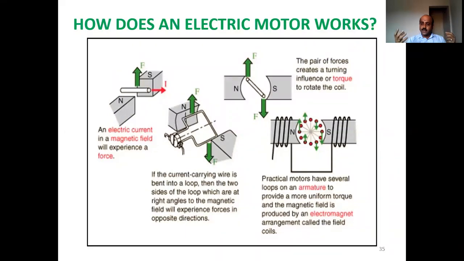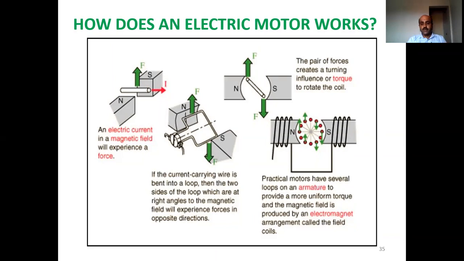The reason for getting a magnetic field is an electromagnet. When current passes through a conductor, you get an electromagnetic arrangement, and that is called the field coil. So this is the basic principle of an electric motor.